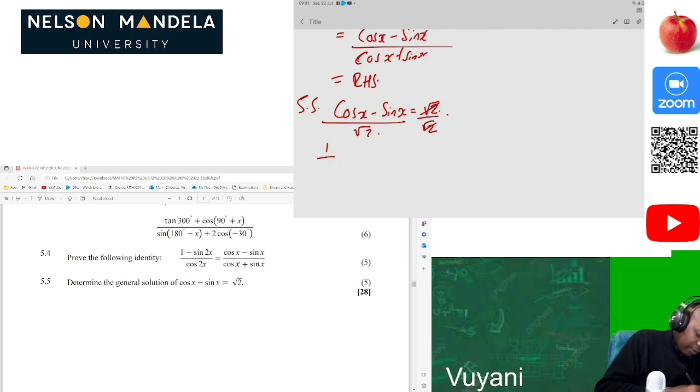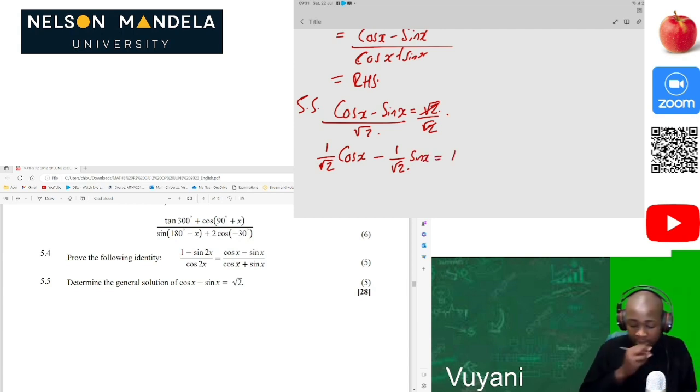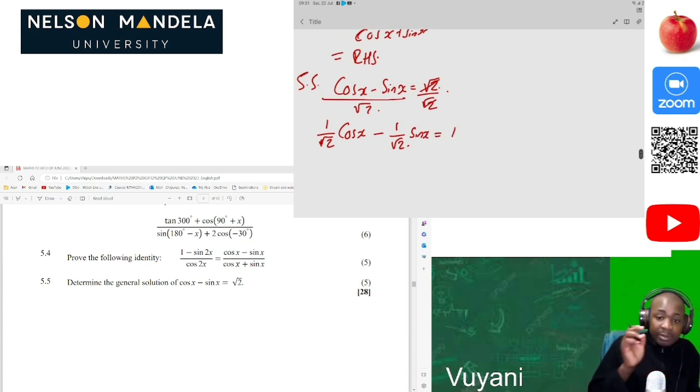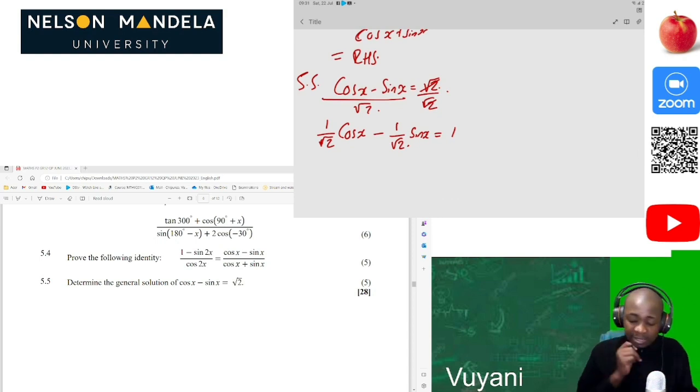So that will be 1 over root 2 cos of x minus 1 over root 2 sine of x equal to 1. Okay, that's the first step. And we know that 1 over root 2 is the same as cos of 45. This question is so tricky, but that's the same as cos of 45.